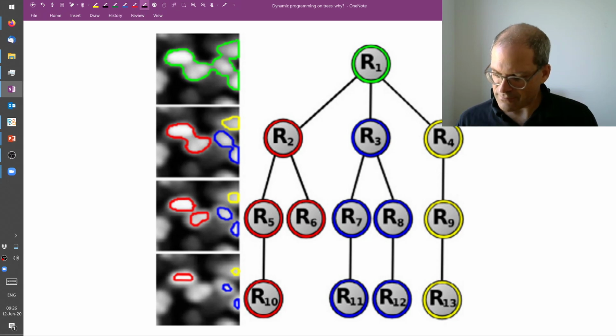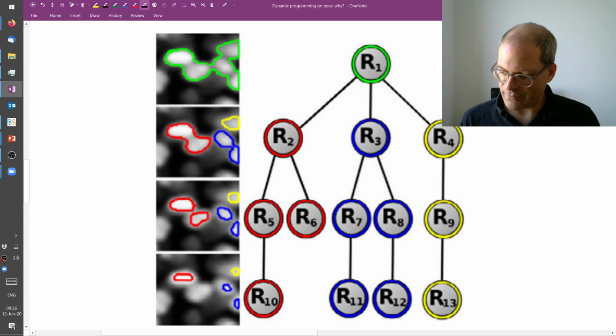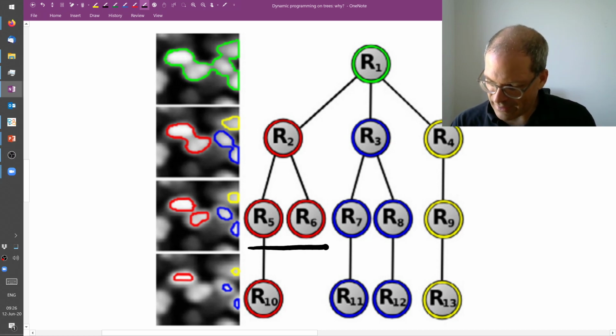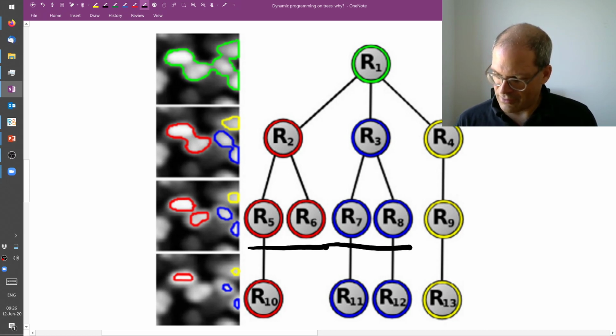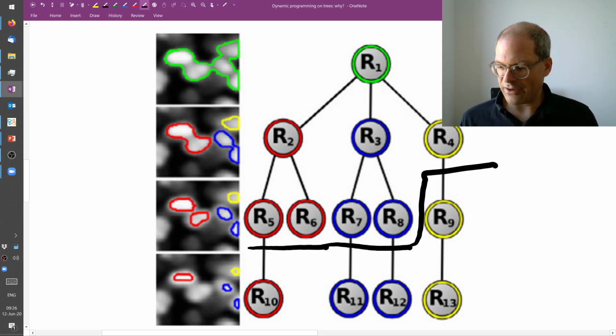So probably I would want to segment the red cells like so. The blue cells, actually, I think that these are, yeah, we want 2 cells. So the blue cells like so, but the yellow cell maybe like so.